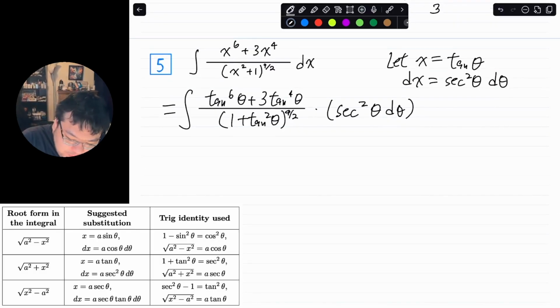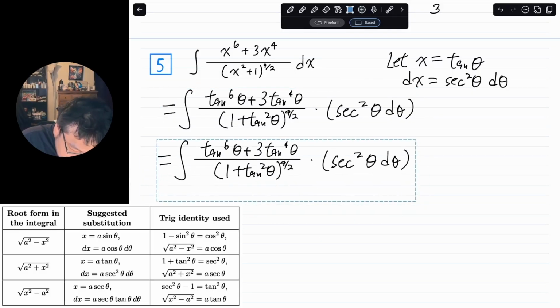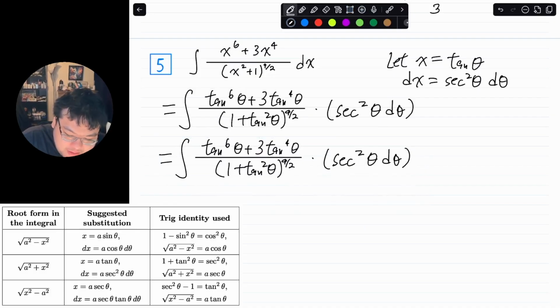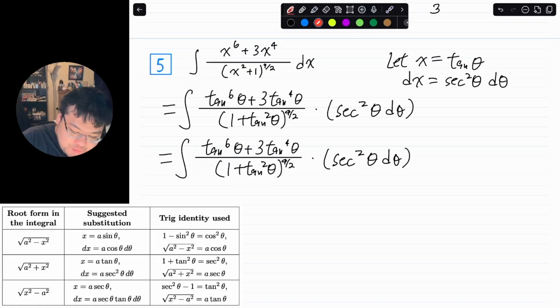Now we need to further simplify this. So let's copy it and paste. Again, we remember 1 plus tangent squared is actually secant squared, so we can erase it and have secant squared theta here.